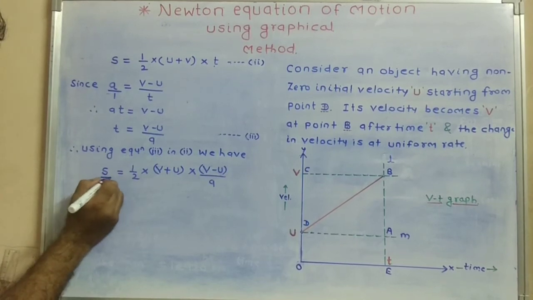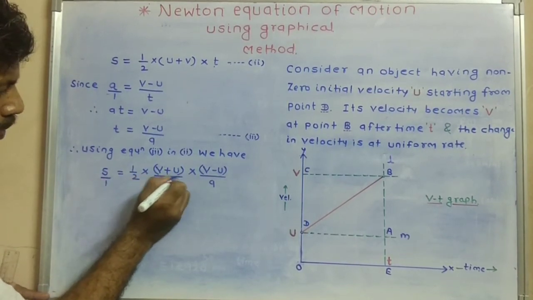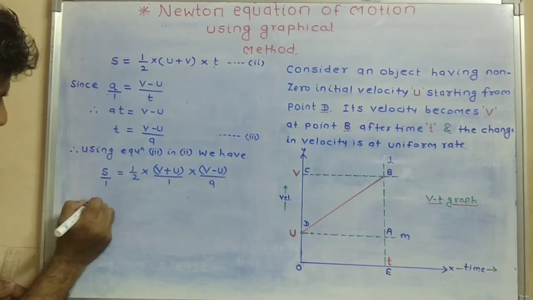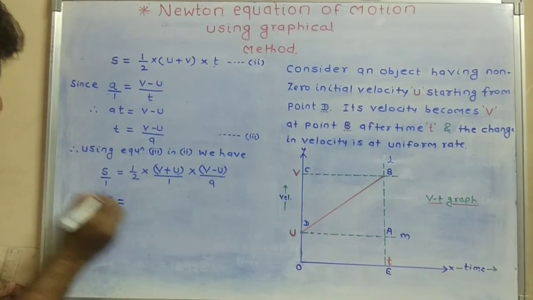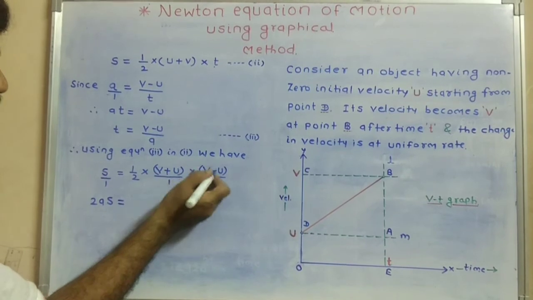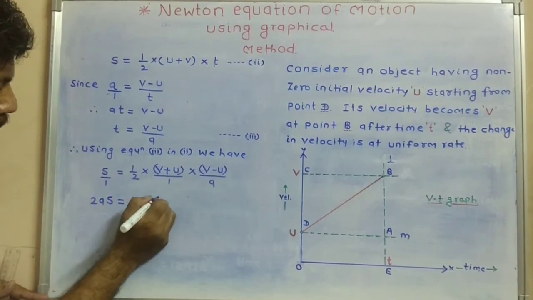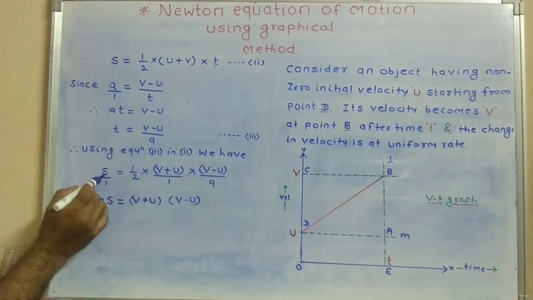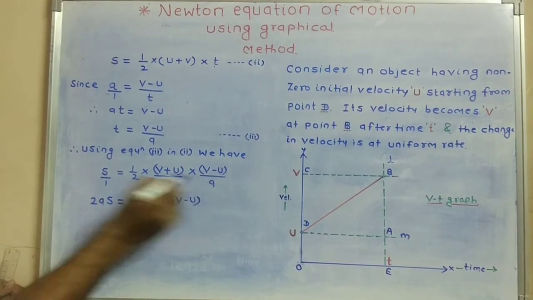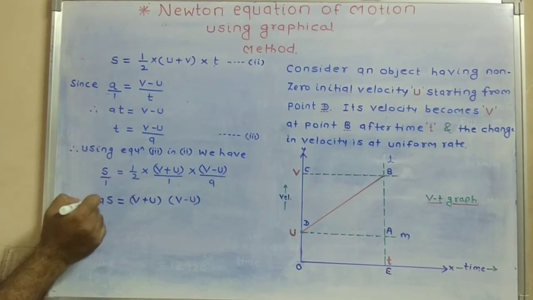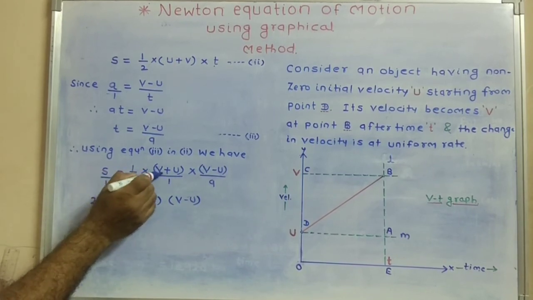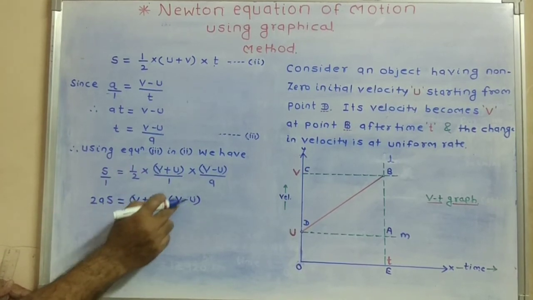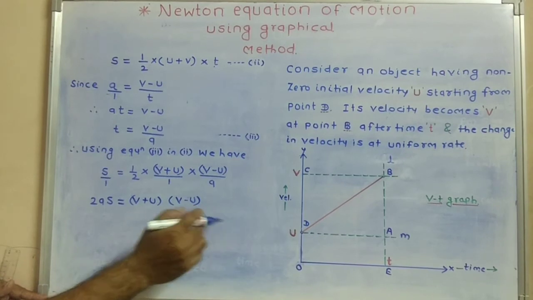Now S upon 1 equals V plus U upon 1 into V minus U upon 2A. Cross multiply. 2 into A into S, that is 2AS, equals 1 into 1 into V plus U into V minus U. You know that A plus B into A minus B is equal to A square minus B square.